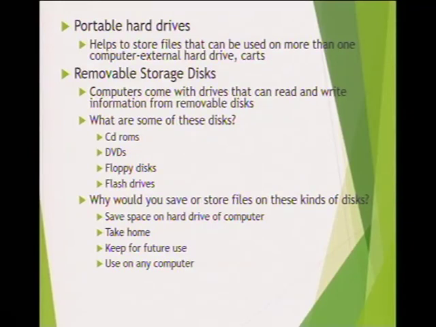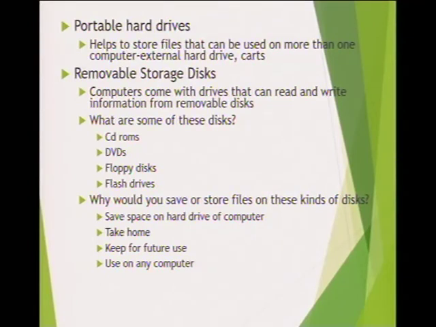Removable storage disks. Computers come with drives that can read and write information from removable disks. There are different ones. Today, mostly we use the flash drives, the USBs and the rest. So why do we need to save or store files on these kinds of disks?